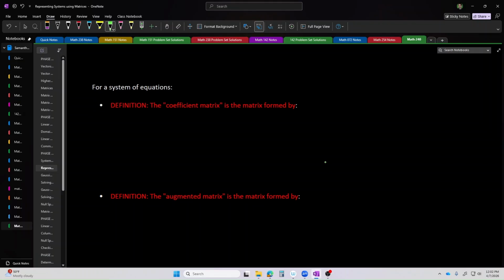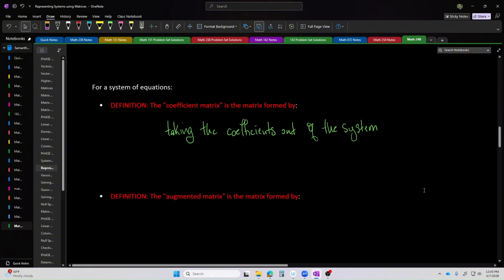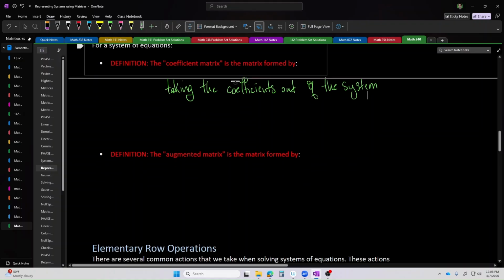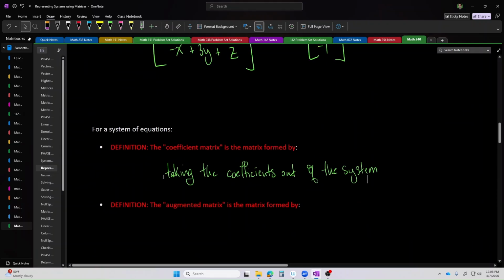Once again, when we talk about the coefficient matrix for a system of equations, the coefficient matrix, as the name suggests, is the matrix formed by taking the coefficients out of the system. So that's one important piece of terminology that we will be using a lot as we talk through the next several lessons.